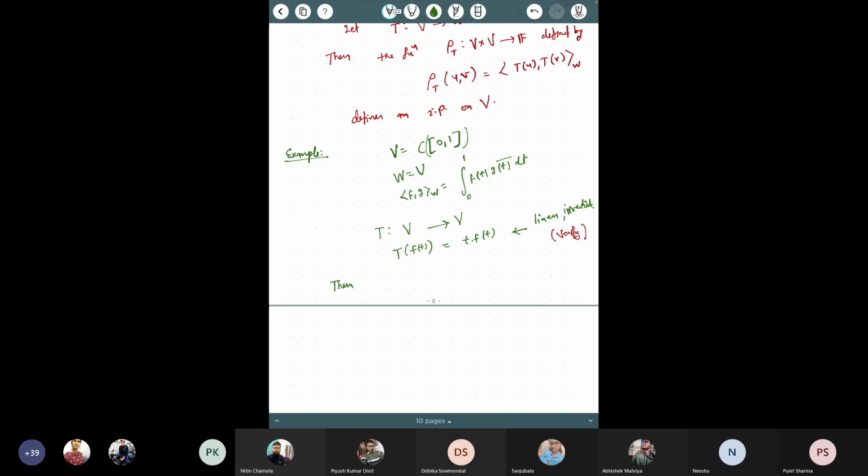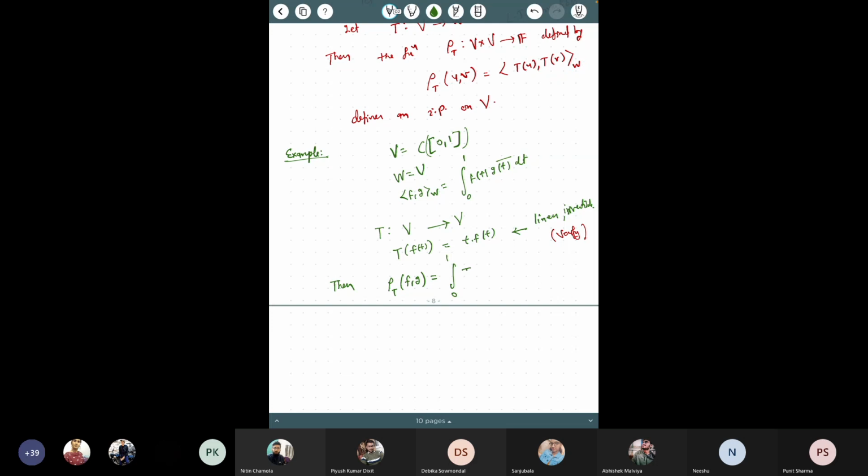So the above result says that this function, the integral from 0 to 1, is the inner product of T(u) and T(v). So what would it be?